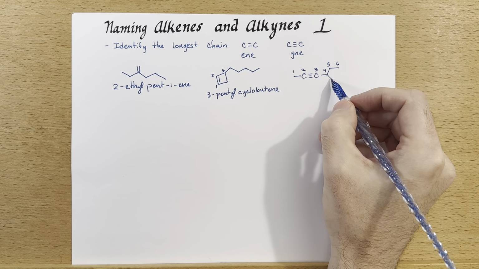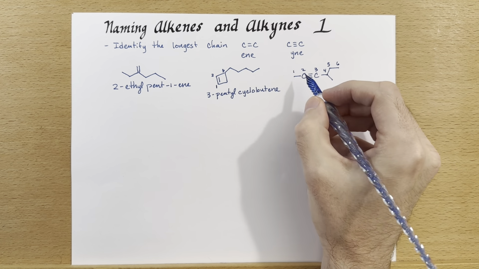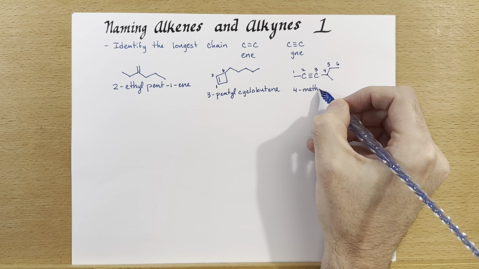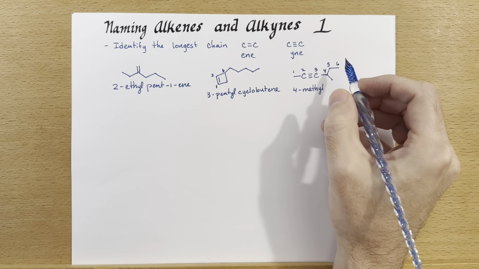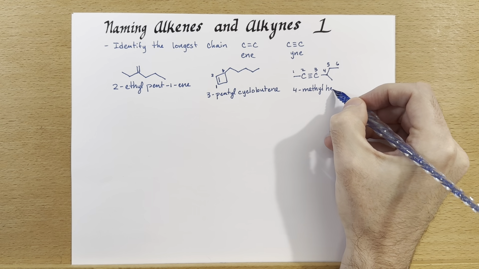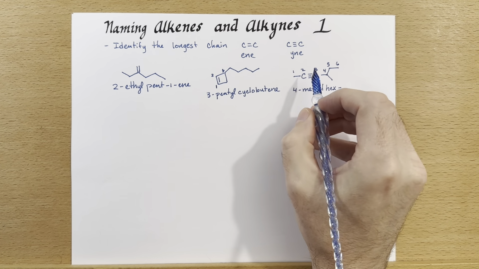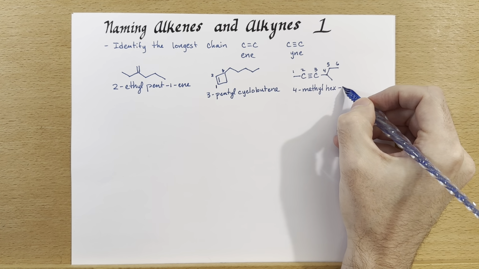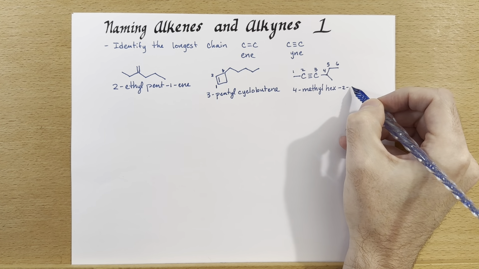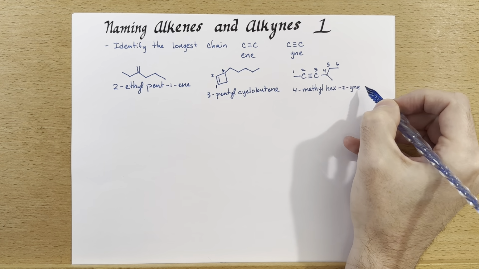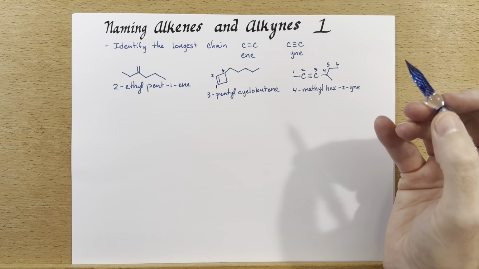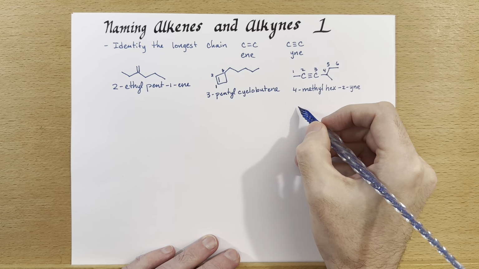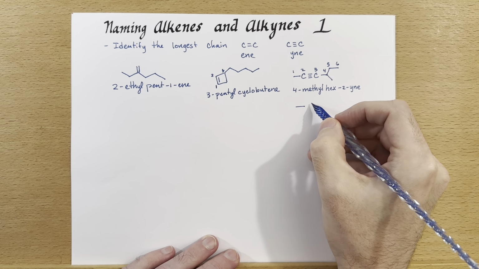And so this would be called 4-methyl, because there's a methyl group right here. And then hex. And then since this starts at the number 2 carbon, we say 2-yne. Like so. And before I get too far ahead, I'll just draw this without the carbons specifically labeled here, and you might see what I mean.